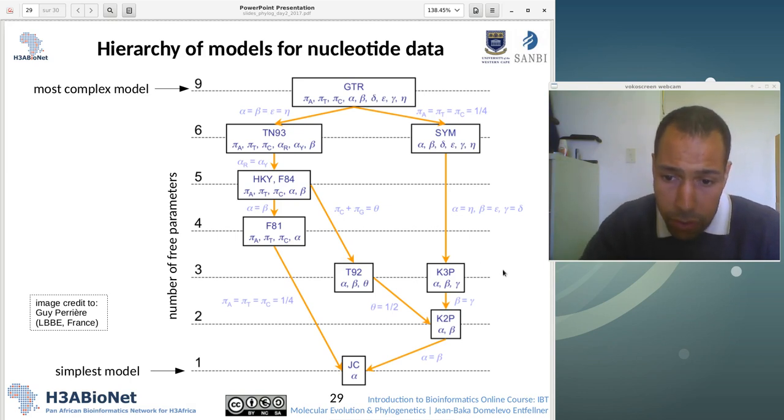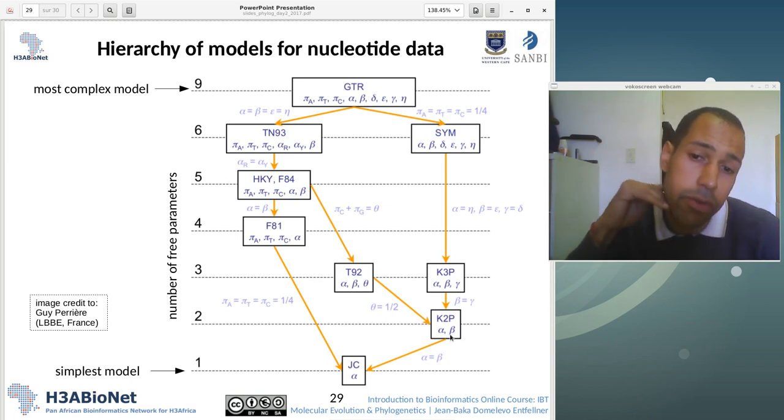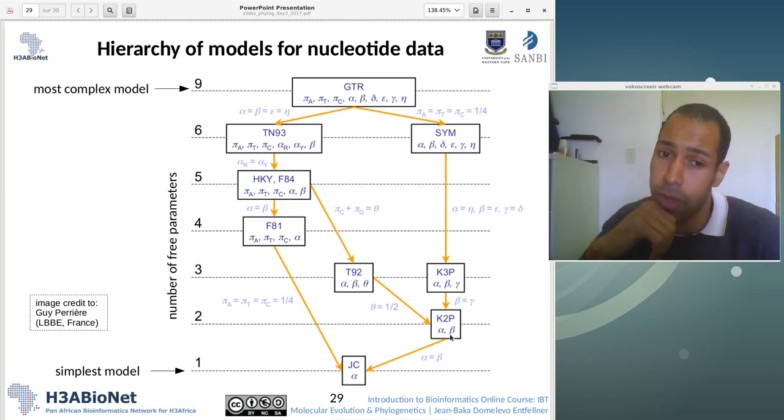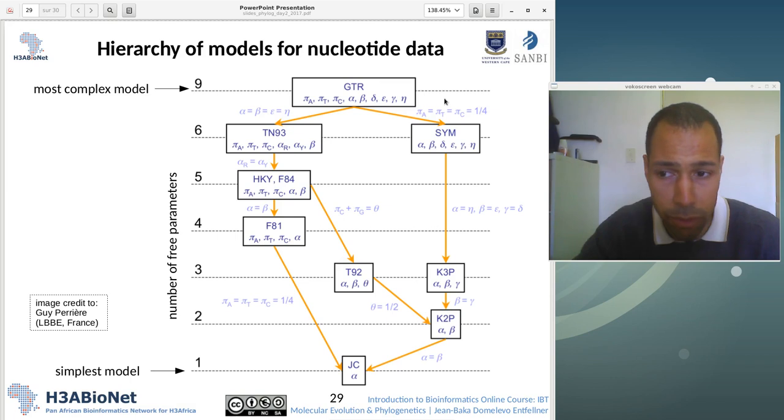It's just for reference that I provide you with this network of models, just so that you can see many of these models have been designed over time. Most often now, when you have a significantly large data set, you would use the GTR model, general time reversible. The drawback is that all computations are slightly more expensive with the GTR model than with the JC model. So the process of phylogenetic inference is slightly longer if you use GTR than if you use JC.